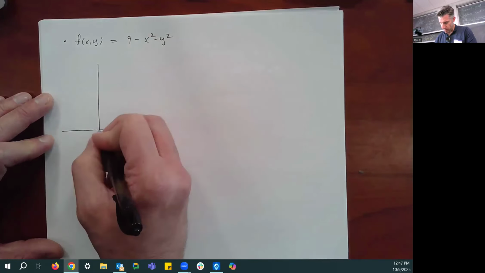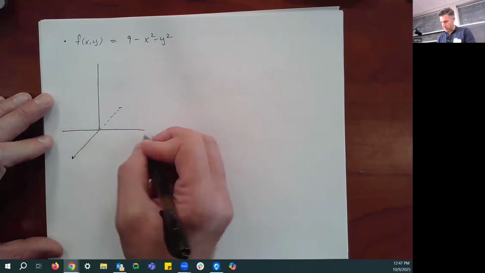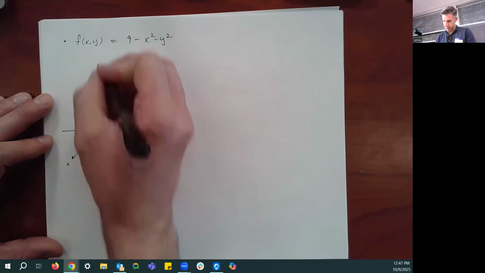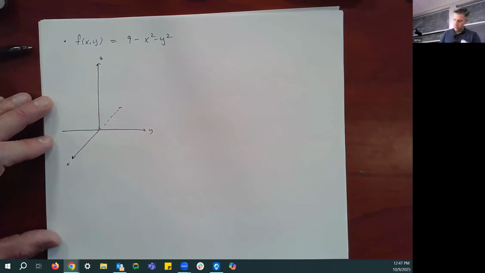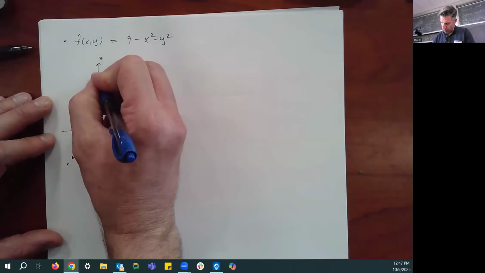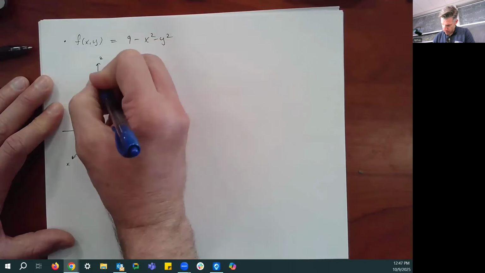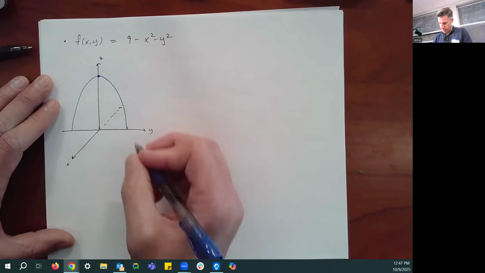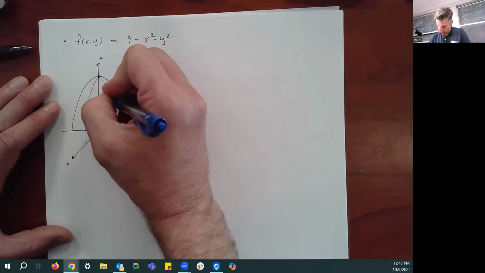So here's my XYZ coordinate system. And we'll say it looks, let's use a different color. So that's about 9. And here we go. And then this way, and that way.